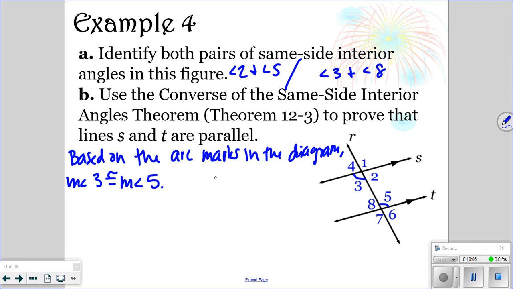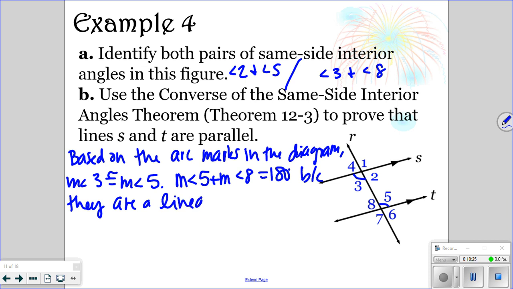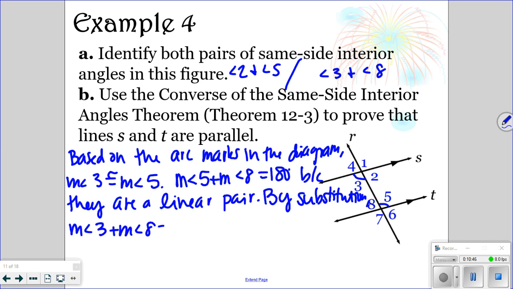And then we know that the measure of angle 5 plus the measure of angle 8 equals 180 because they are a linear pair. Then we can use substitution. We can plug the measure of angle 3 in here for the measure of angle 5. So the measure of angle 3 plus the measure of angle 8 is equal to 180.